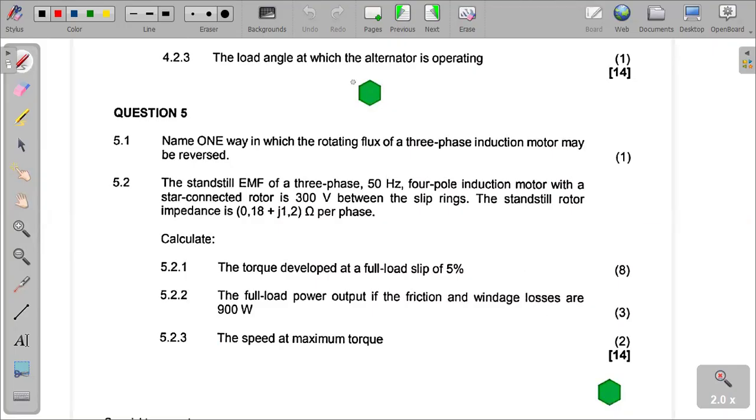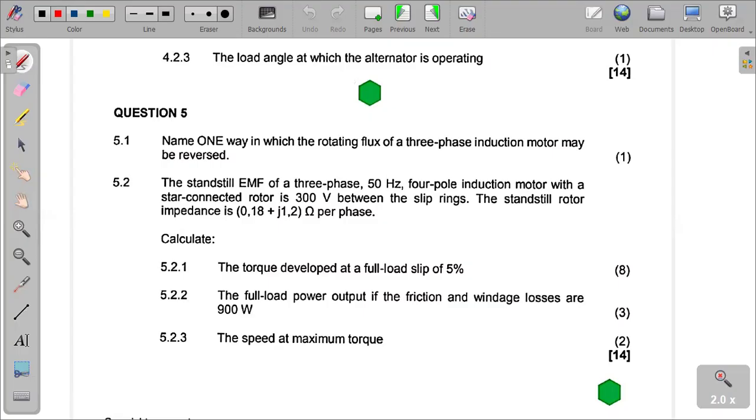Now, to reverse the rotating flux of a three-phase induction motor, what we simply do is interchange the connection between any two supply conductors. Of the three supply conductors that we have, we simply swap two. So we just say by interchanging the connection between two supply conductors. Let's go to the next question.